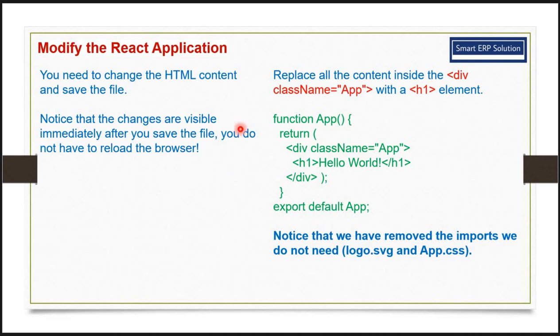So, what do you want to remove? Replace all the content inside the div class name app with an h1 element. Under h1, we are going to write hello world. So, how I am showing you.